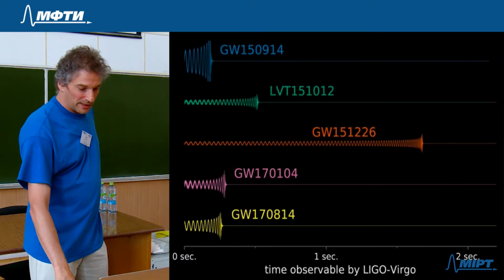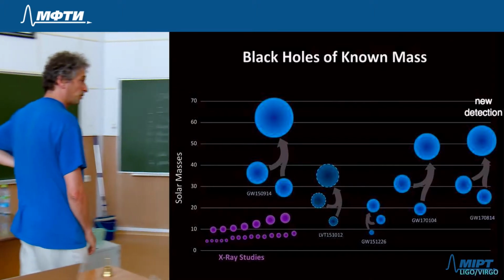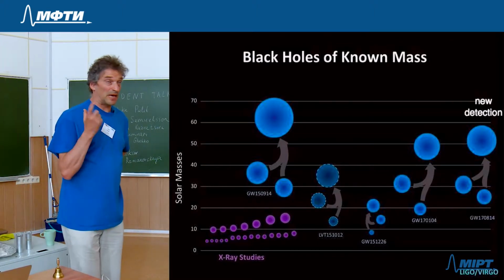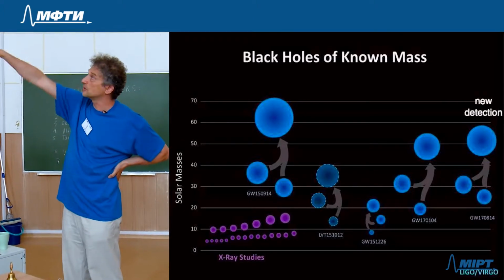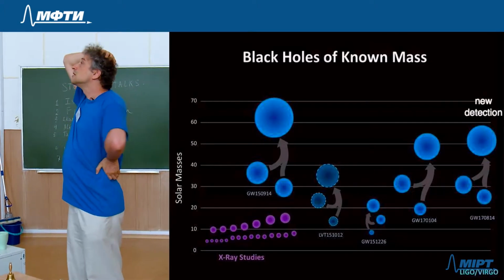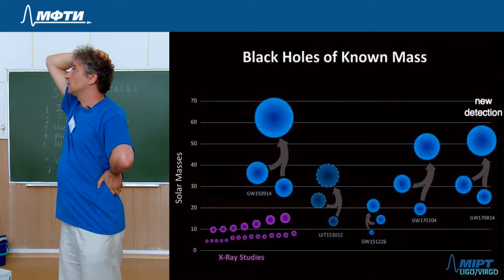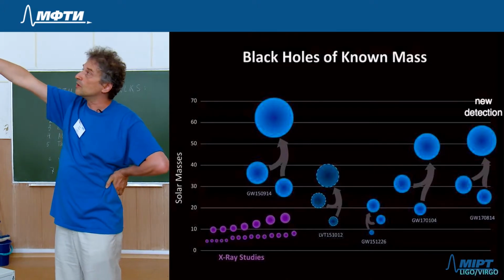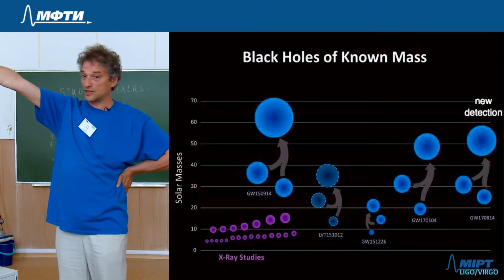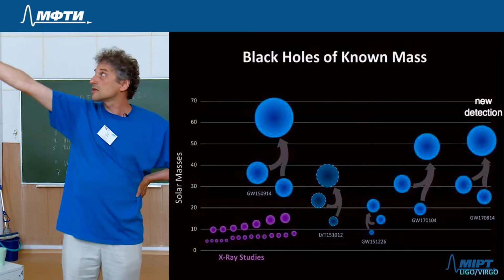Okay, but what have we learned from it? One of the most important things that we learned from these mergers are the masses of the black holes that were merging, and these masses are plotted on the y-axis. And just for comparison, you also see the masses that you get from X-ray studies of black holes in binaries in our galaxy.